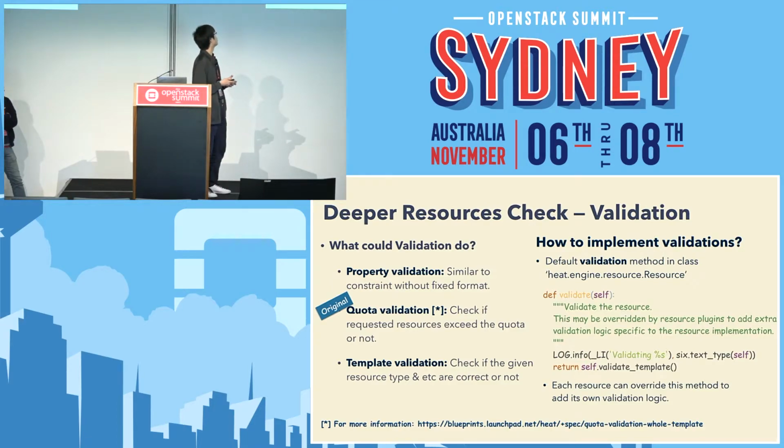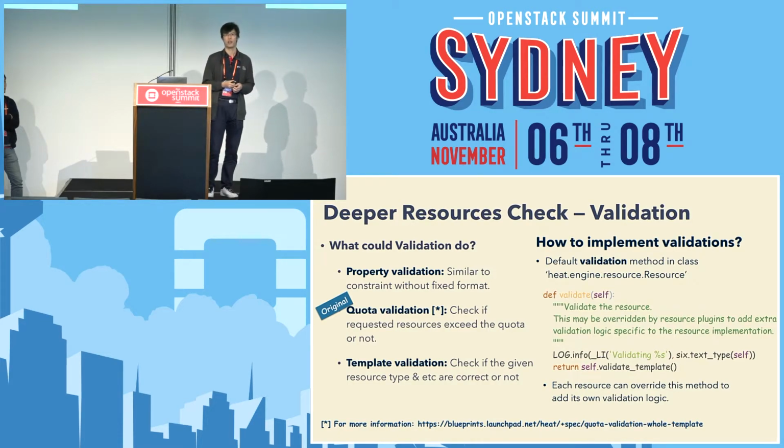The second one, quota validation, will check whether there is enough quota on the service side, and if there is not enough quota, it will raise an exception. The third one, the template validation, will check the given resource type and whether other things are correct or not. If there are typos, it will raise an exception.